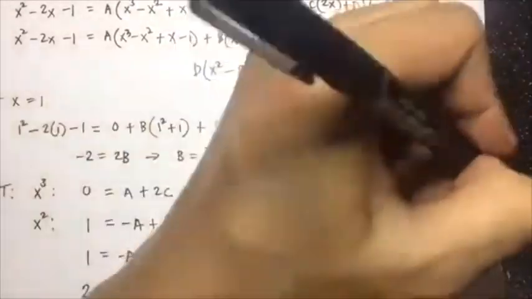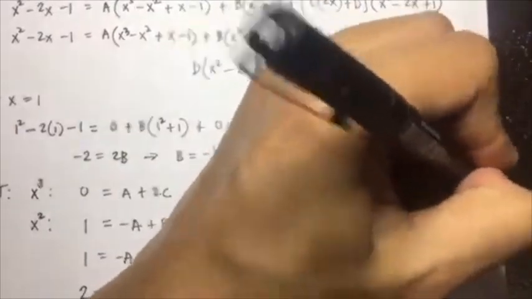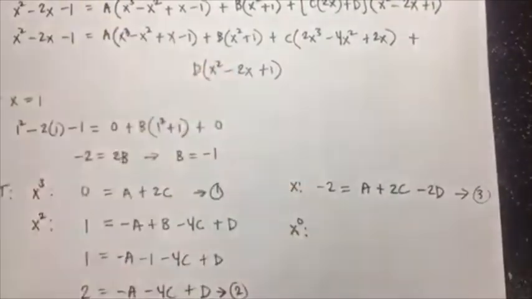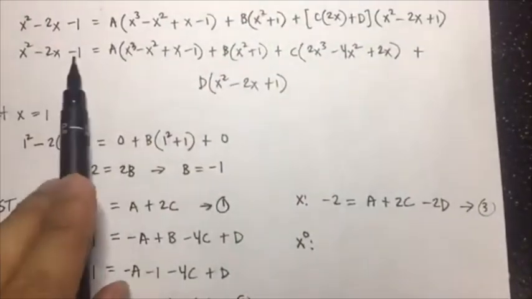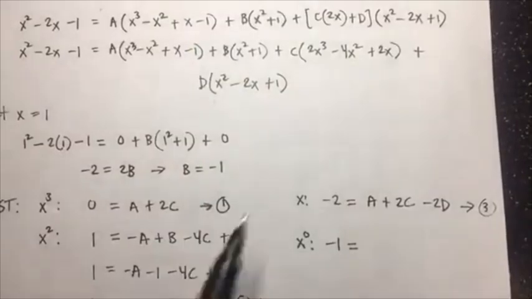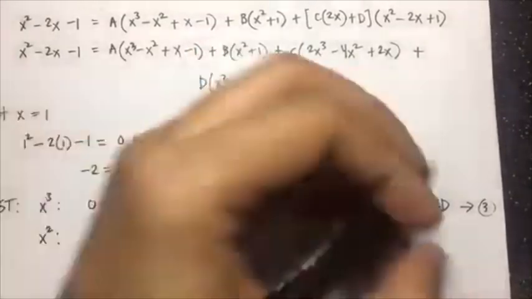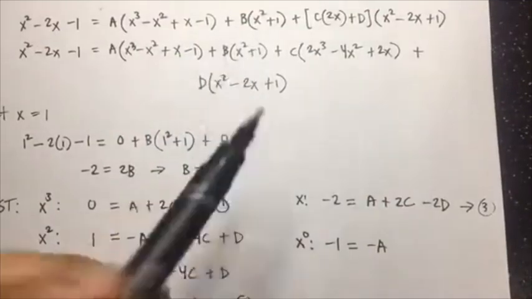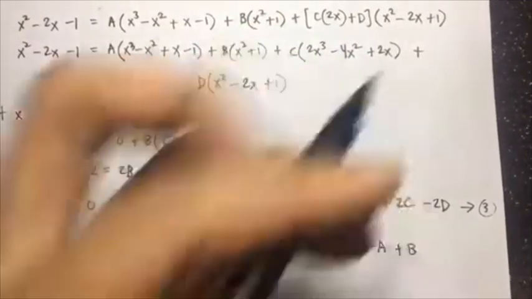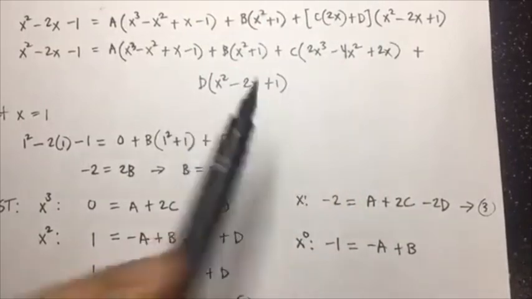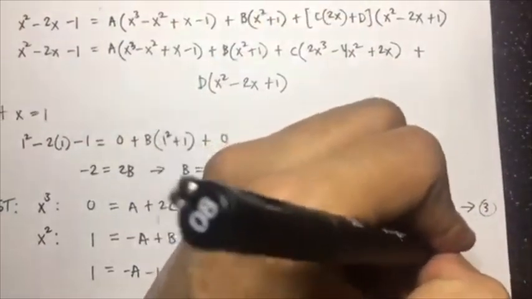Okay, so let that be our equation 3. And then for the constants, on the left side we have negative 1 is equal to negative a plus b. We don't have a c, and then plus d.